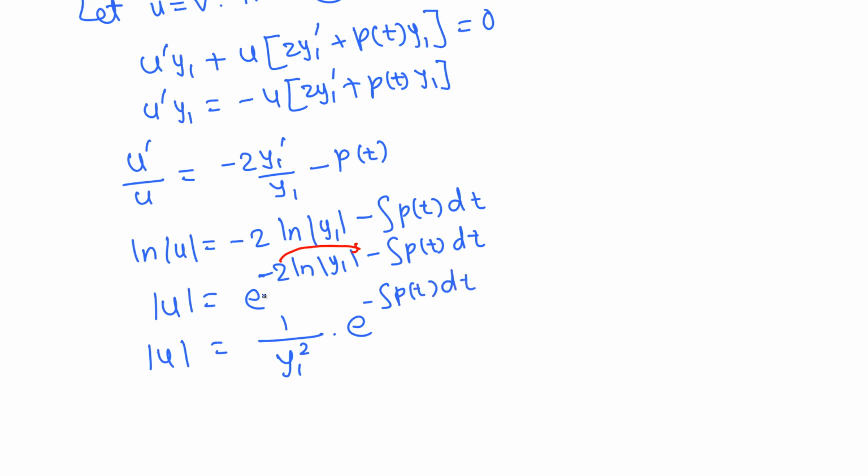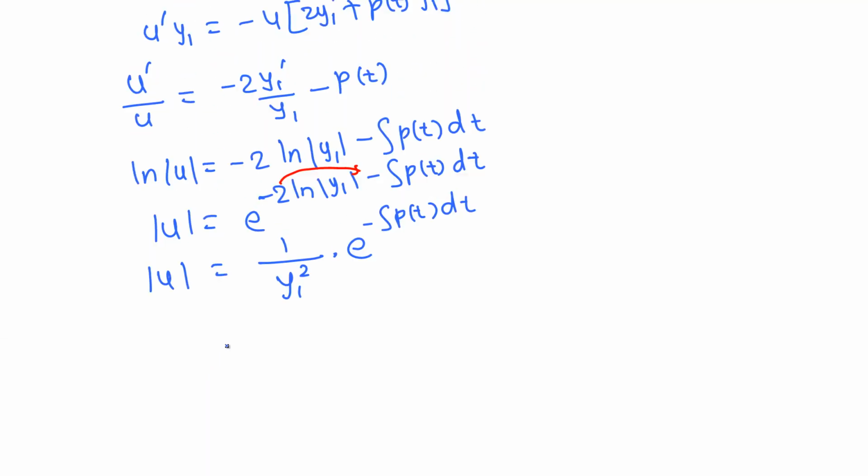When we separate this exponential, it becomes a product. Now u will be plus minus, but we just need one u, so I'm going to take positive. So this implies u as a function of t equals, plus minus but I'm just taking plus for now, 1 over y1 squared times e raised to negative integral of p(t) dt.